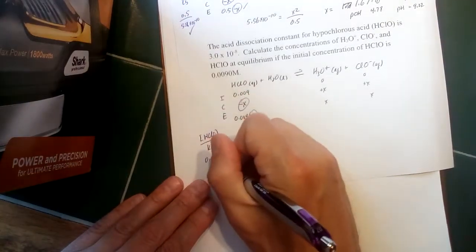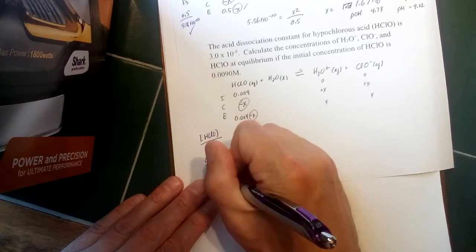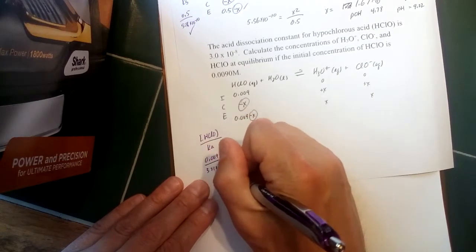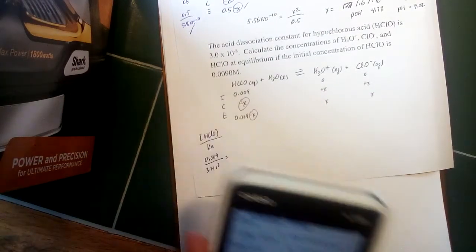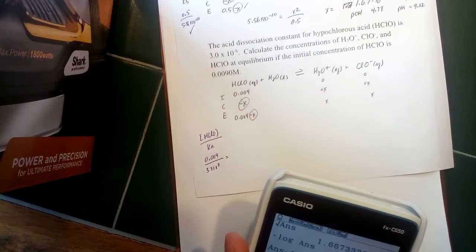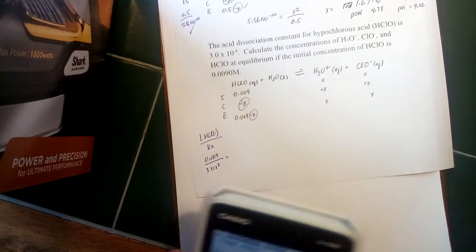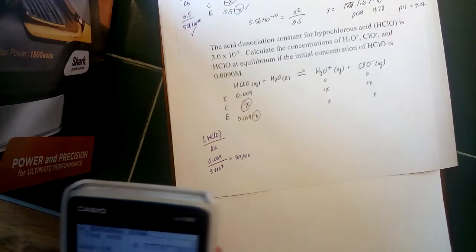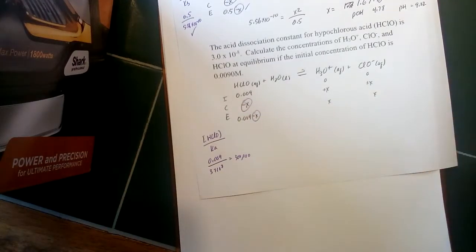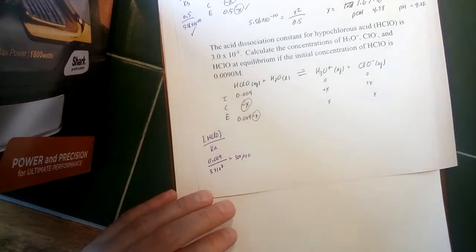So Ka here is pretty small as well, 3 times 10 to the minus 8th. So 0.009 divided by 3 times 10 to the minus 8th. And this comes out to be 300,000. So this assumption is very good. We can just remove that x.